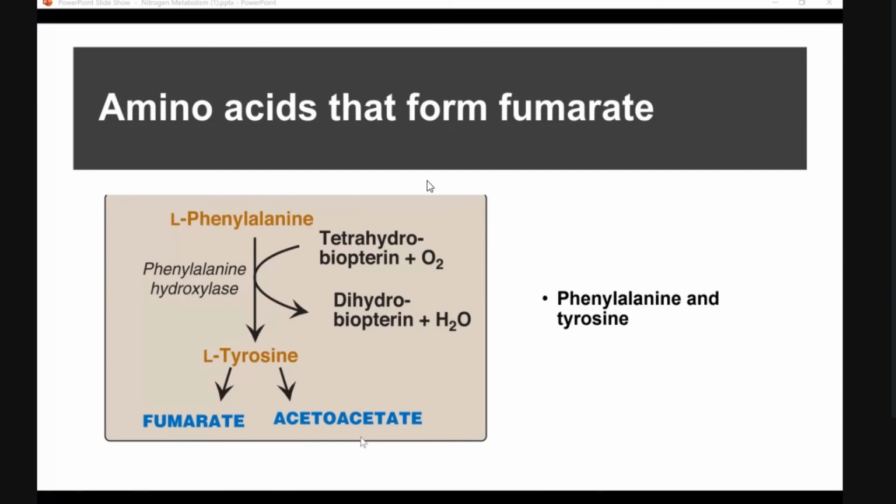هي الخطوه الاولى ان تفهم الميتابوليزم مال inborn error of metabolism، مال الديفكت اللي يصير بالامينو اسيد. اهم خطوه: فينايلالانين اشيل من عنده هيدروكسيل جروب، راح يطلع لي تايروسين.